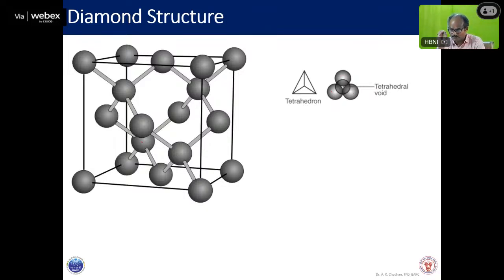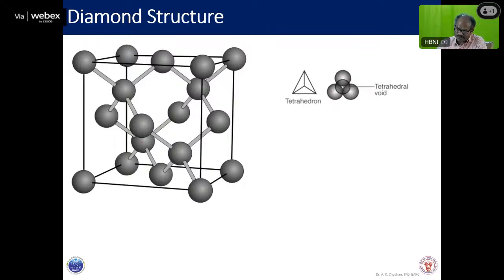Visualize, because visualization is important in this particular case. You have put 3 spheres, and now you put one more sphere above those 3 spheres. The gap which is formed between these 3 spheres and the 4th sphere is called the tetrahedral void.